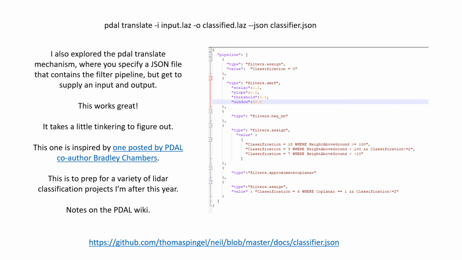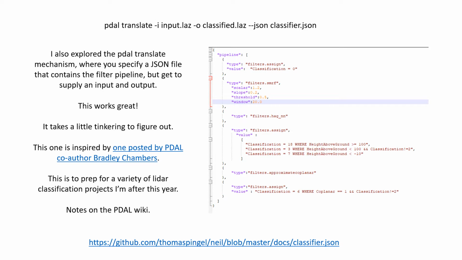The other thing that I did was play around with PDAL's translate function. So translate is a neat. I don't know that this was around when I first started playing with PDAL. Maybe it was, maybe it wasn't. But what it does is it lets you specify an input and an output, and then basically a pipeline of processing through a JSON file that you declare.